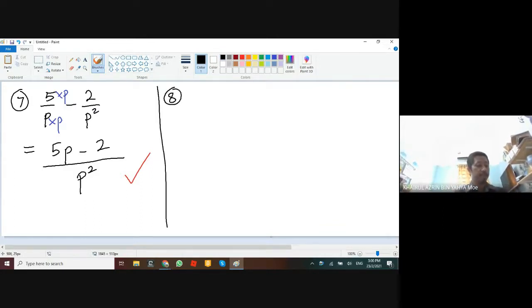Question number 8, like this: 3 over x plus y, minus 3z over 4x plus y.